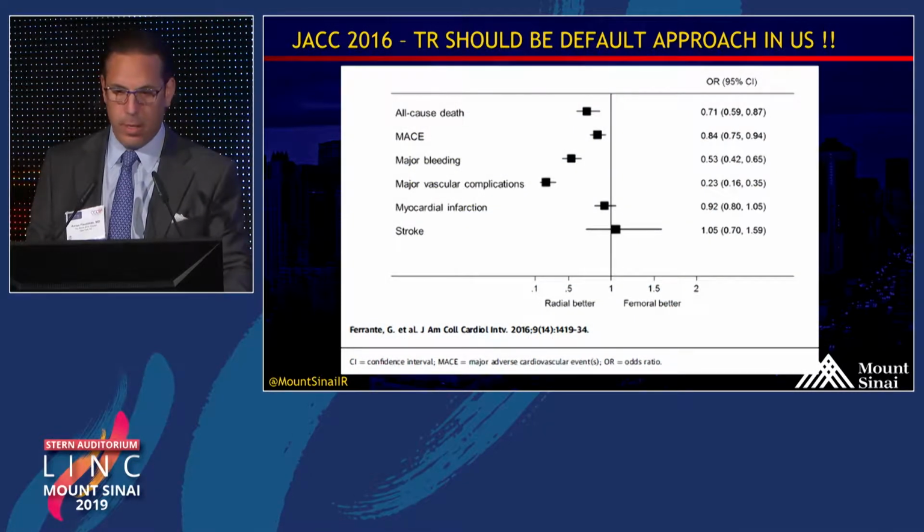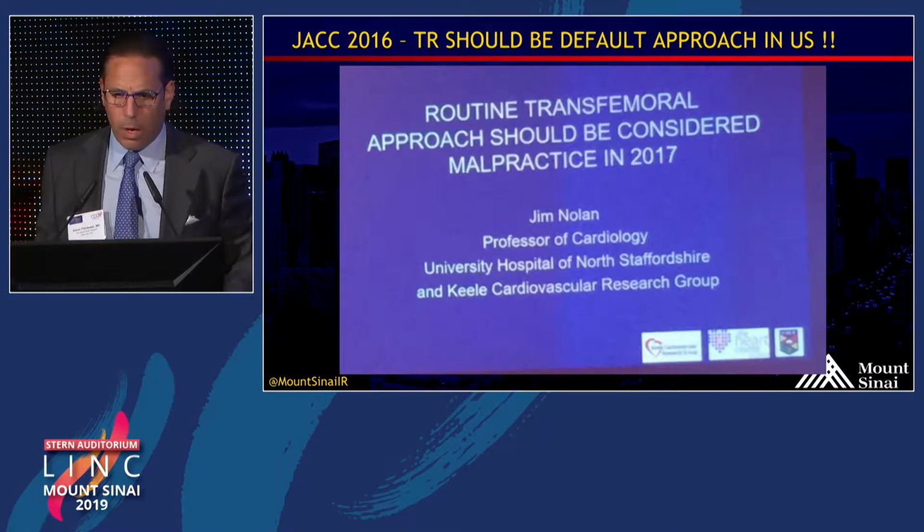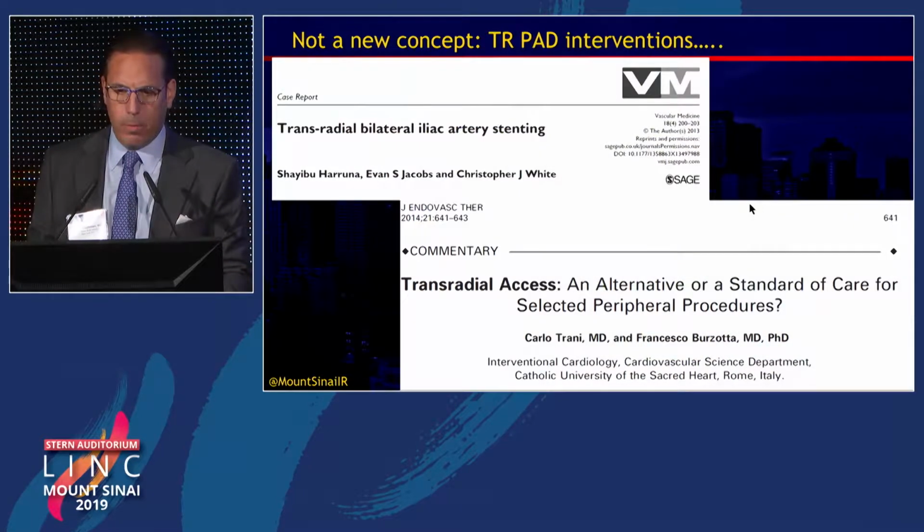You guys can see many of these cardiology studies that we've seen over the years have shown that there's considerable benefit to doing this. So much so that there are some operators that believe, at least in the PCI space, that transradial access should really be the default. But what about PAD?